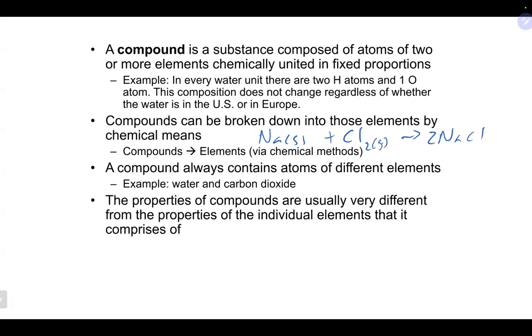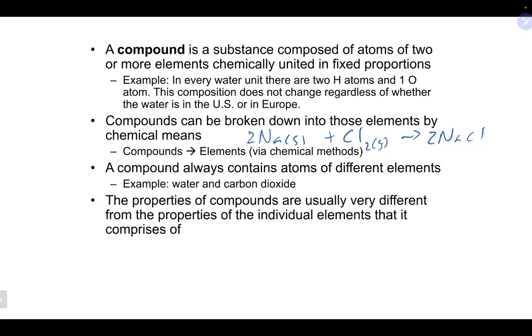Sodium metal is a soft metal, you can cut it with a butter knife. Chlorine is a toxic green gas, which we probably wouldn't want to put on our fries. But the miracle of chemistry is we can make salt, which goes very nicely with fries. Good job, chemistry. Very, very different properties from what makes it up.